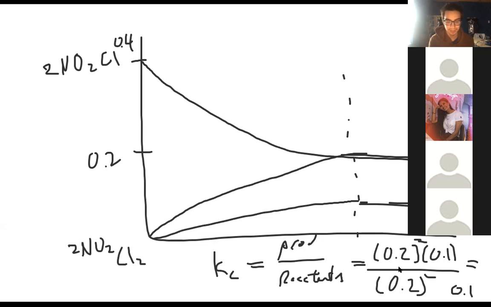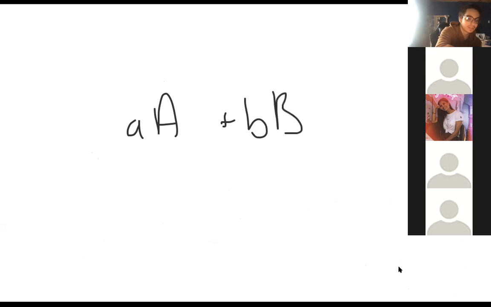A plus B yields C and D, but it looks like they forgot about E and they misplaced C. So whenever you see PC, PD over PA, PB, consider the following reaction: A plus B yields C plus D. So forget about that E thing.